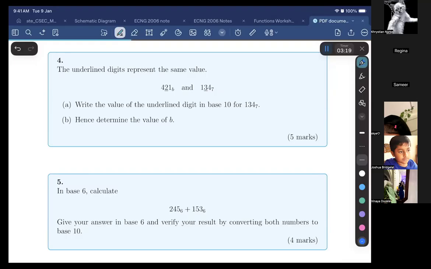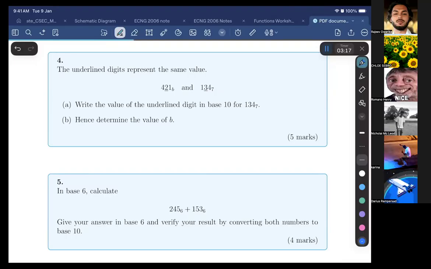All right. Let me just do a quick recap, Karina. Imagine you had 7 2 4 in base 9. What would be the place value for the 4? 9 to the power 0.